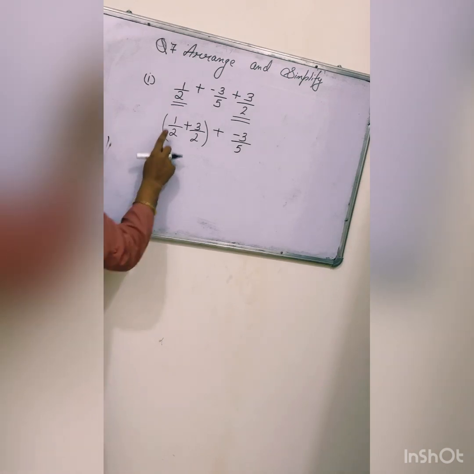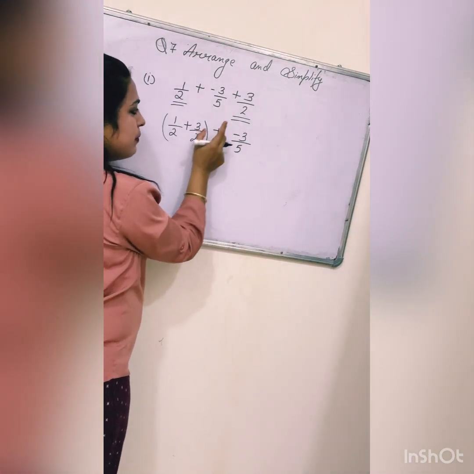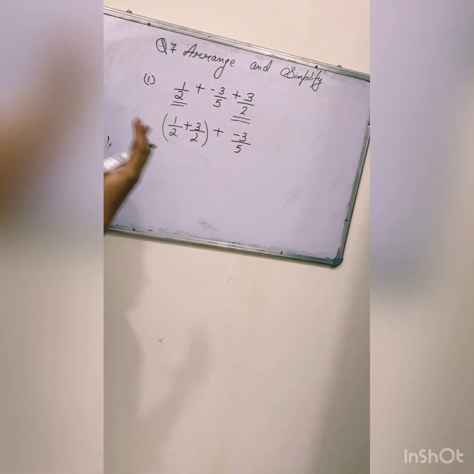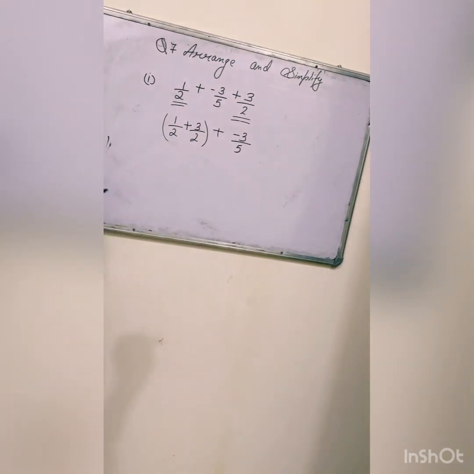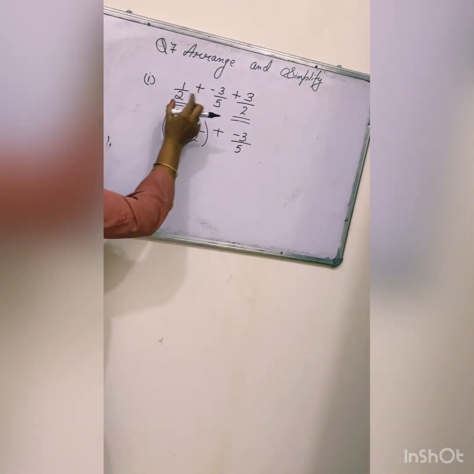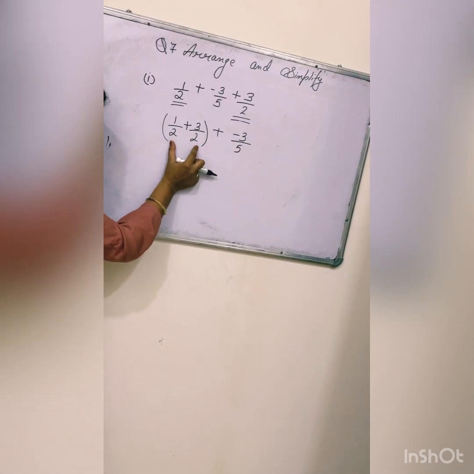The numbers having the same denominator, we brought them together. That means we are arranging by bringing the numbers which have the same denominator together. So this is one way of arranging the digits.